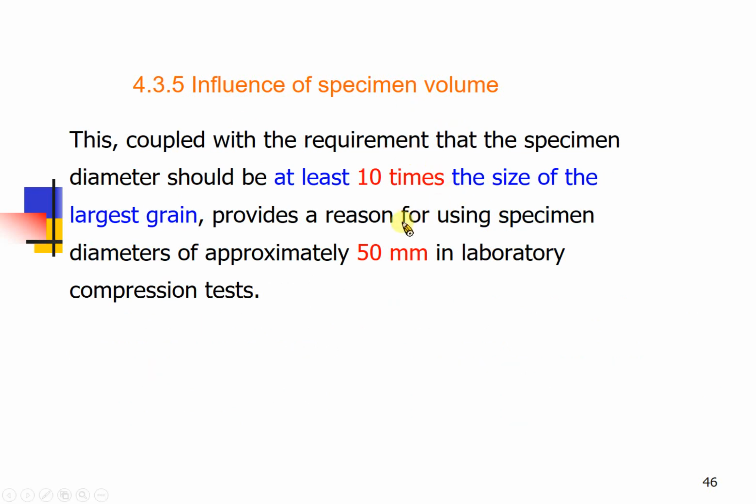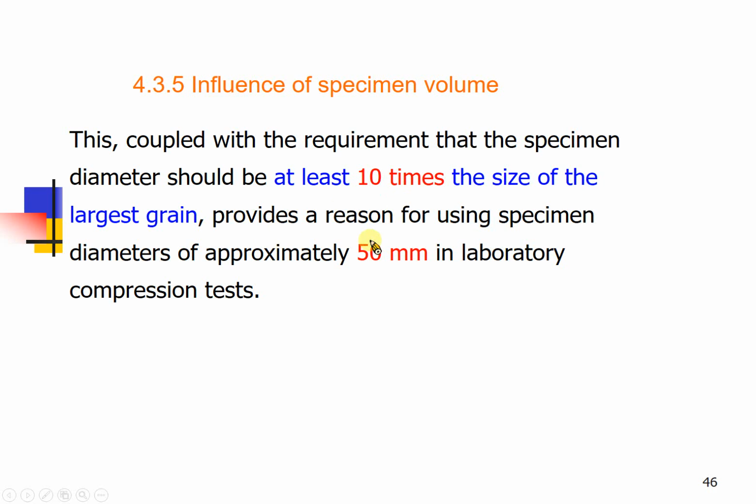The other important thing you need to always remember: if we want to eliminate the so-called scale effect, we hope to contain as many grains as possible in a rock test.